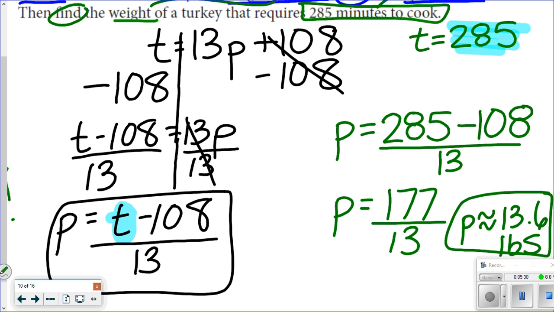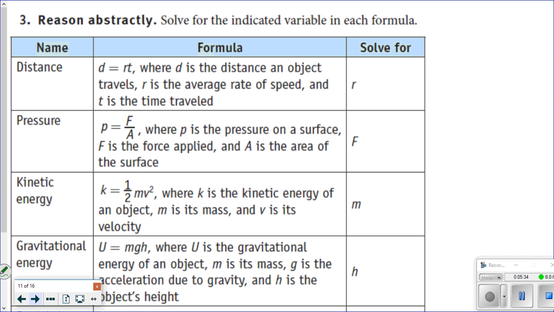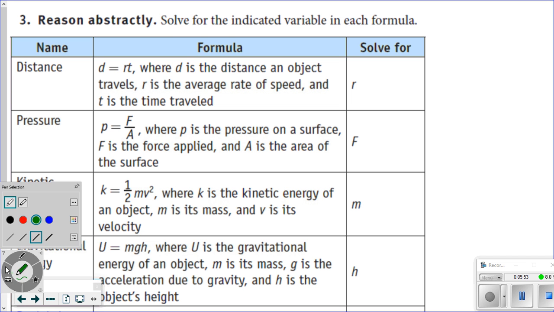Okay, go ahead and turn your page. You should see a table or a chart at the top of page 30. We're going to use the My Notes section a lot here. The first column is just the name of the formula. The middle column is where they list the formulas.